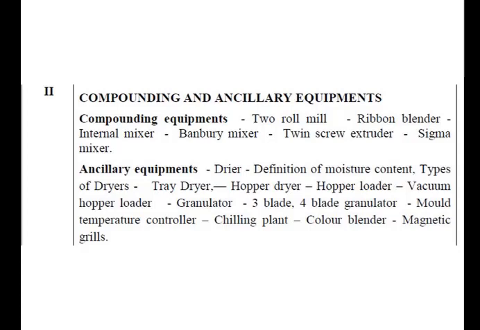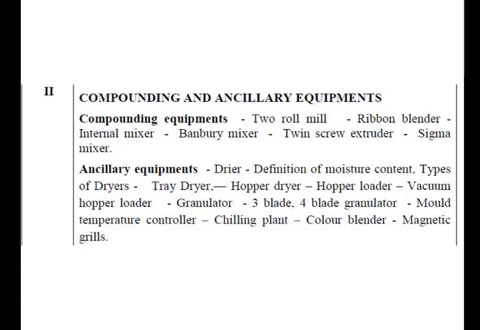In that, we will be discussing two-roll mill, ribbon blender, internal mixer, particularly Banbury mixer, then twin screw extruder and a Zigzag mixer. These are the compounding equipments. Their construction, working principle and applications we are going to discuss.